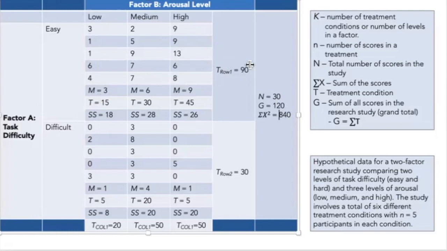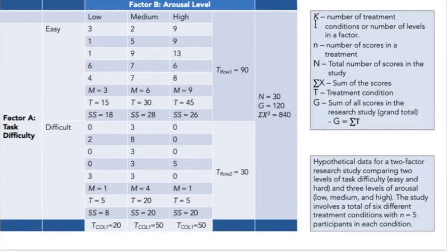Here you have 90, here you have 30, so 90 plus 30, that's 120. And then you have sigma X squared. Sigma X is the sum of scores, and sigma X squared is 840. What it means is you have to keep on squaring these scores, and then you sum it all, and then you get sigma X squared, that is 840.